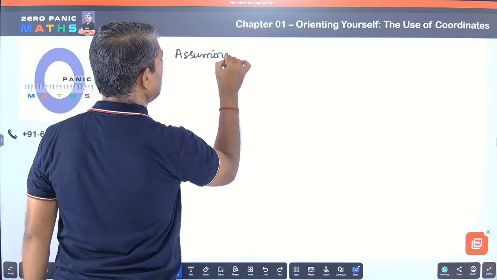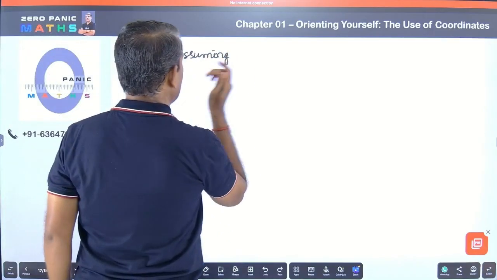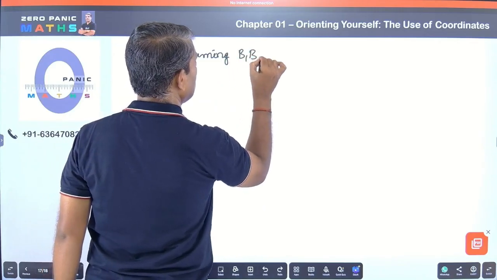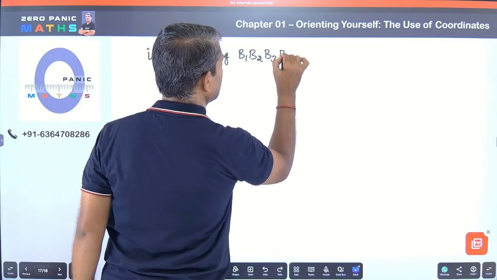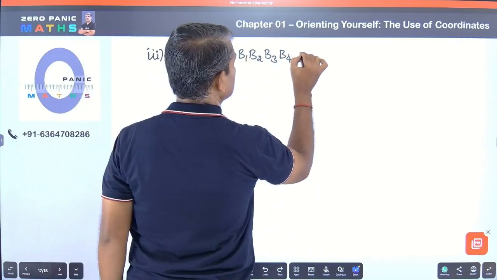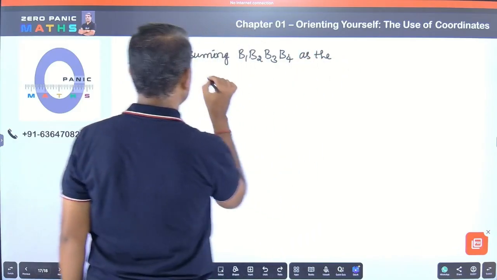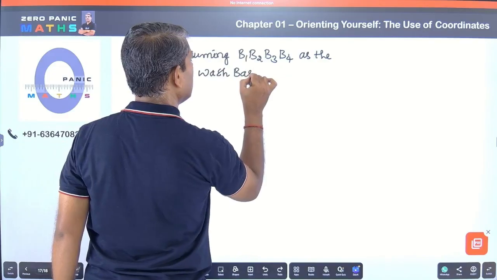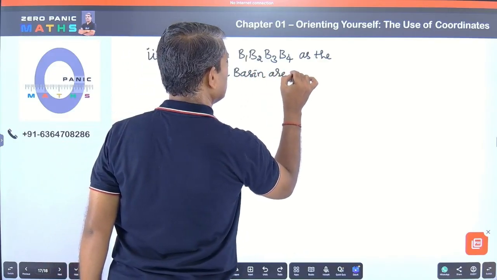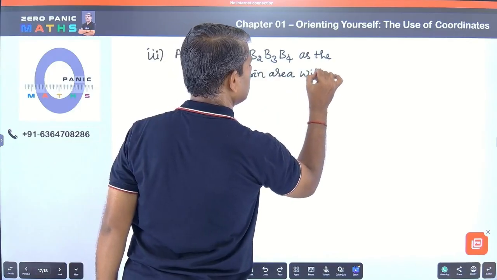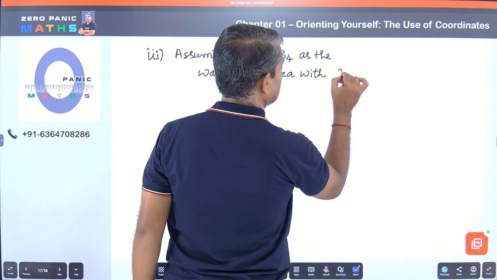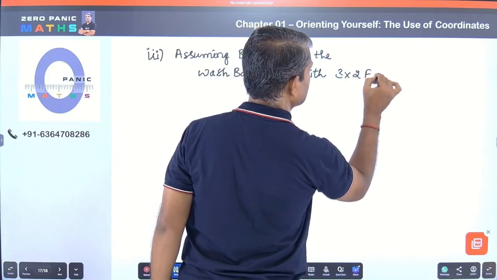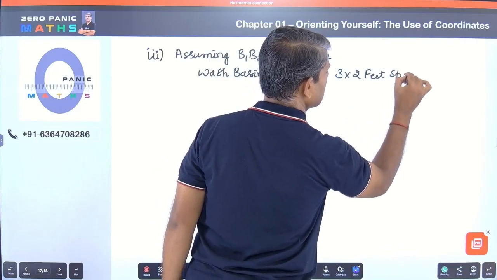Assuming B1, B2, B3, B4 as the wash basin area, with a 3 by 2 feet space, as mentioned in the question.